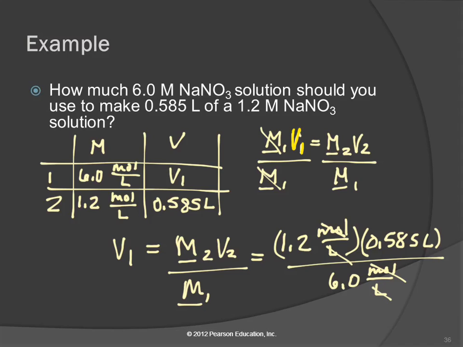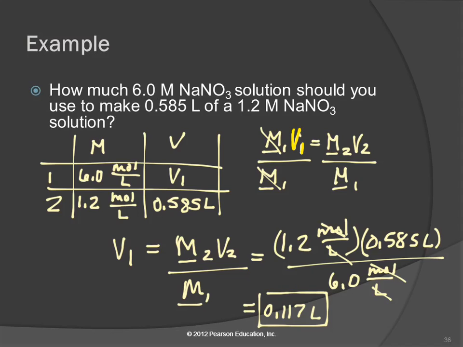We end up with the units of liters, which is good because we're trying to find a volume. We get 1.2 times 0.585 divided by 6. So 0.117 liters is the volume we should use.